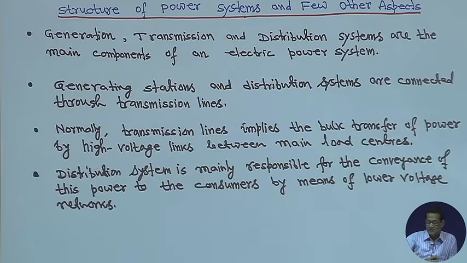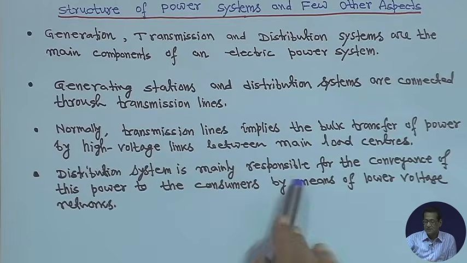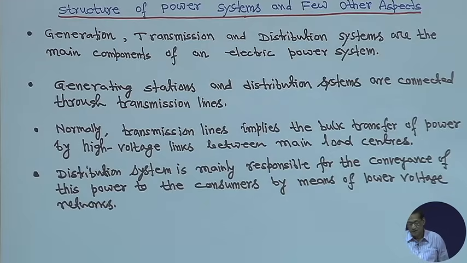Normally transmission lines imply the bulk transfer of power by high voltage lines between main load centers, and the distribution system is mainly responsible for the conveyance of this power to the consumers by means of lower voltage networks. So generation, then transmission, and then distribution. These are the three main components of the power system, right?